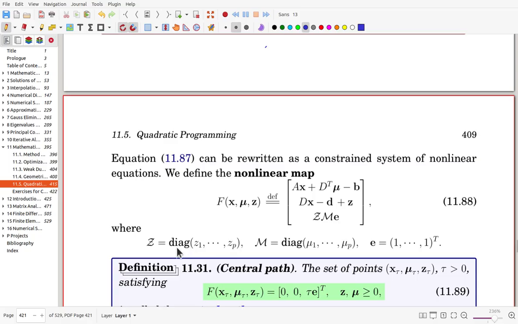Z is now the diagonal matrix of z variables, the slack variables. M is now the diagonal matrix of the Lagrangian multipliers. And E is just all ones. Basically, this is an all-ones vector. It's not a matrix.